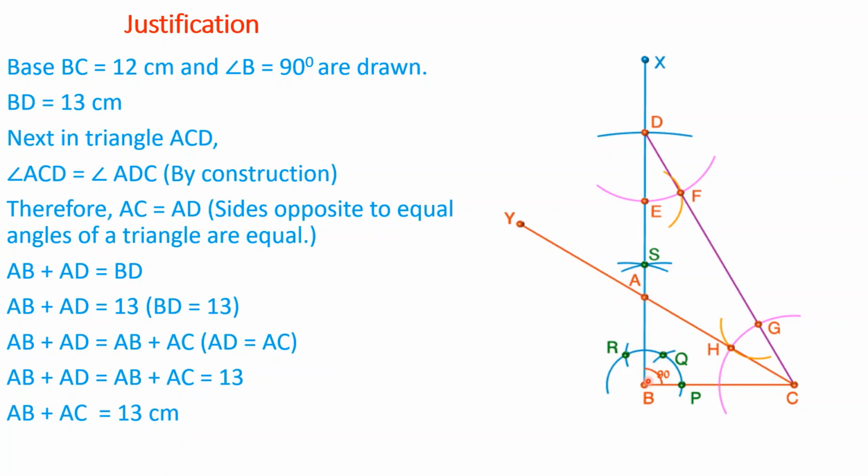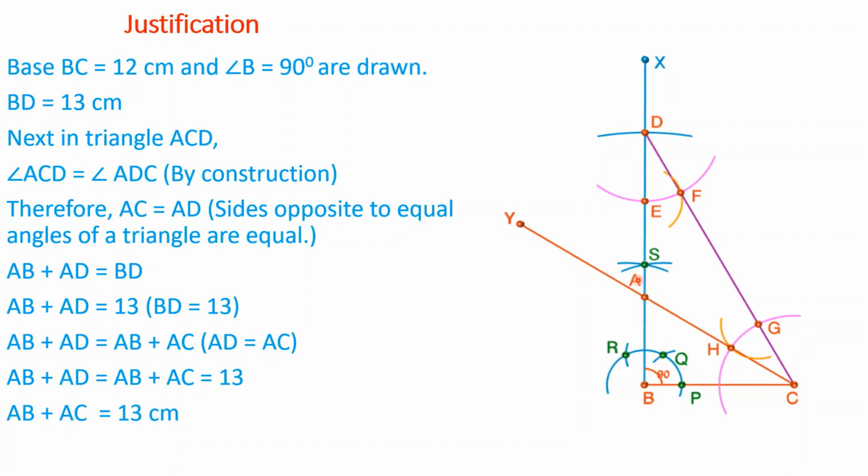So we see BA plus AD equals BD, or we can say AB plus AD equals BD, and BD is 13 centimeters, so AB plus AD is 13 centimeters.